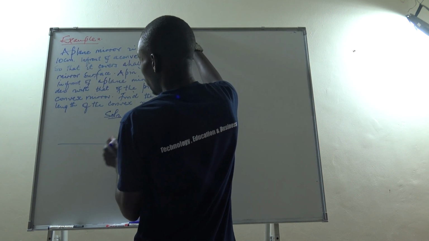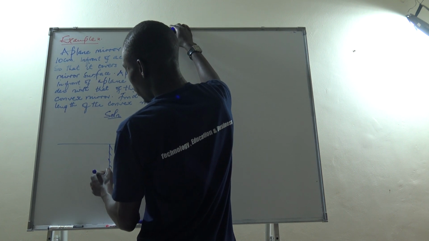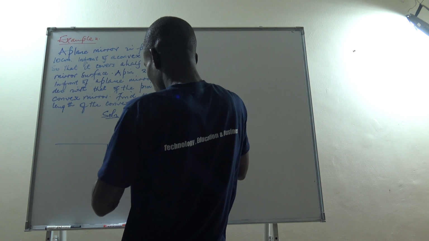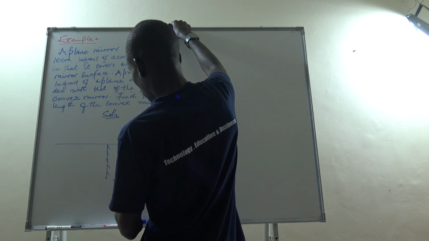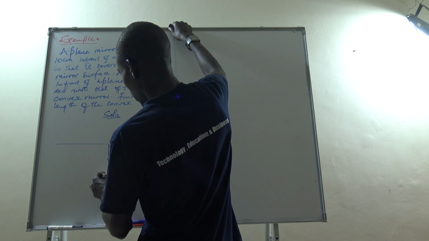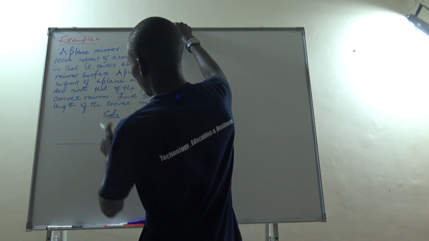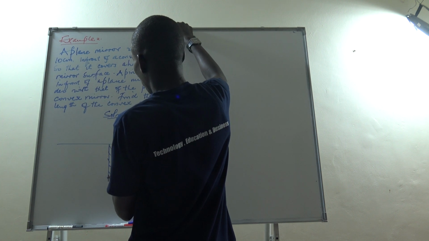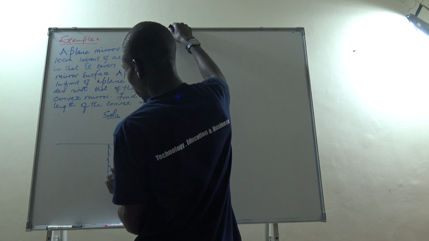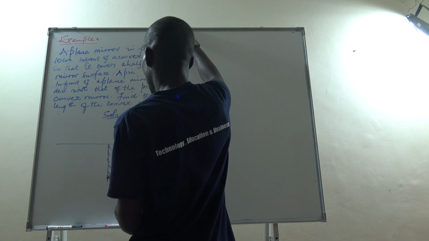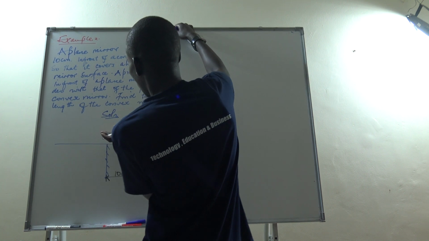Already this is my convex mirror, and now I'm going to put here my plane mirror, but they have given you the distance from the pole of the convex mirror to where the plane mirror is as 10 centimeters. Okay?